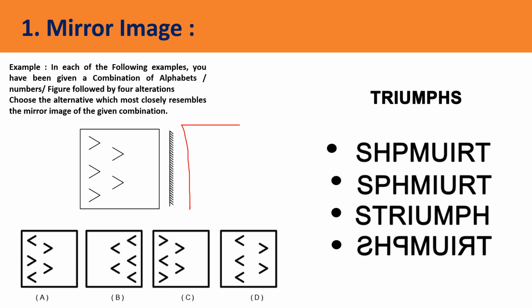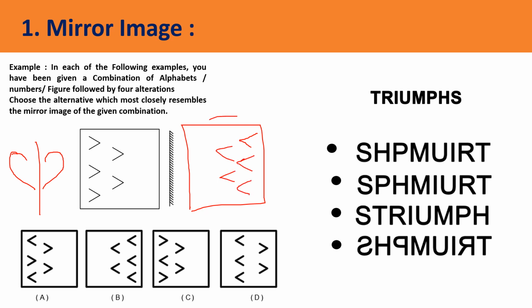Firstly it will be opposite, like the example that we saw. This was the mirror and it became opposite, so eventually here also the same will happen. The V will be in the opposite direction. Now let us see if we find a similar or identical figure in the answer figures.